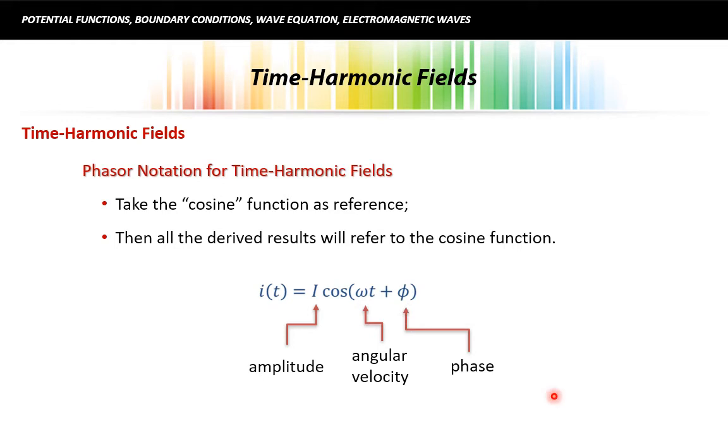For the phasor notation for time harmonic fields, we take the cosine function as a reference. Then all the derived results will refer to the cosine function. For example, I of t is equal to amplitude I times cosine of omega t plus phi, where omega is the angular velocity and phi represents the phase.